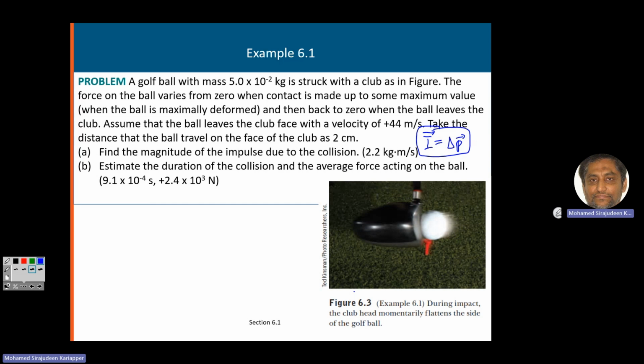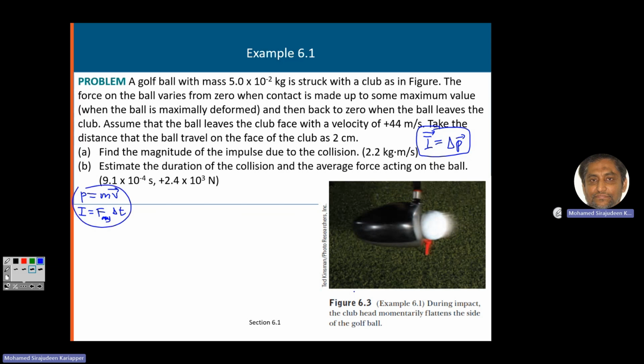This is after defining both of them. What is the definition of momentum? m into v. What is the definition of impulse? F average, because the force can be not a constant force all the time. So F average multiplied by delta t. These are the definition equations.